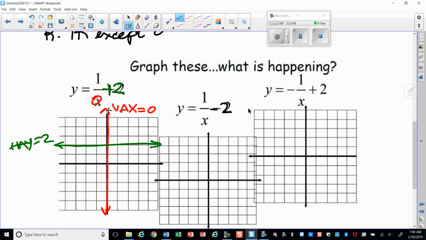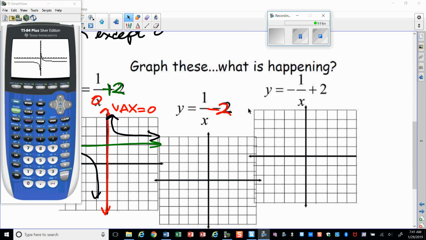it's going to be y equals 2. And then it's still going to be the same: if x is negative, y is negative, and if x is positive, y is positive. And then you can guess what's going to happen here. If we have a minus 2, if we subtract 2, that's just going to shift it down probably.